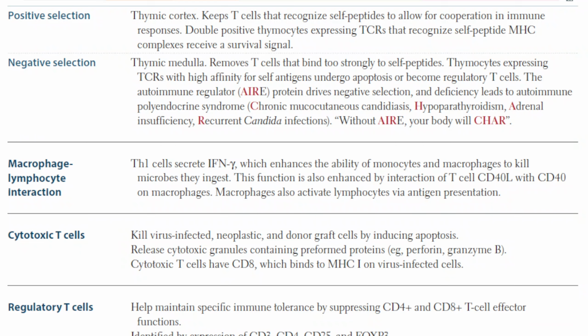If they bind too strongly to self-peptides, it's not good, because you get an immune response against yourself, like allergies of the skin. Thymocytes expressing TCR with high affinity to self-antigens undergo apoptosis or become regulatory T cells.